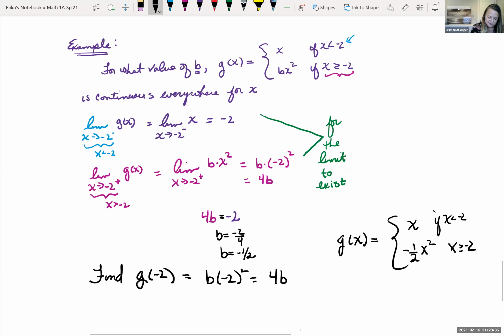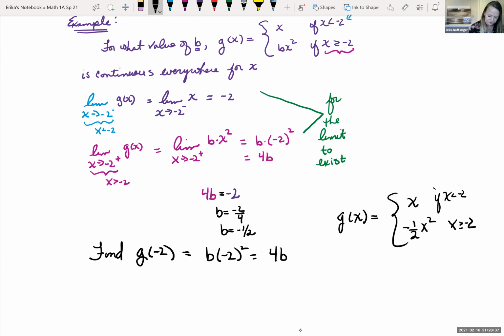If I plug this in, g of -2 is -1/2 times -2 quantity squared, which is -1/2 times 4, which is -2.